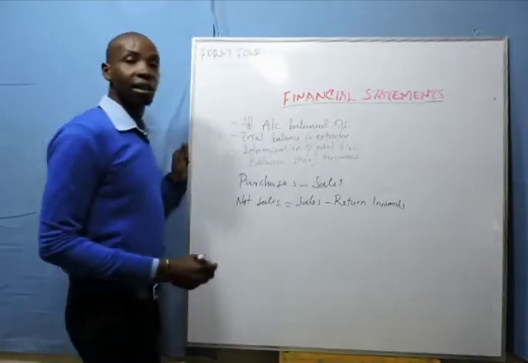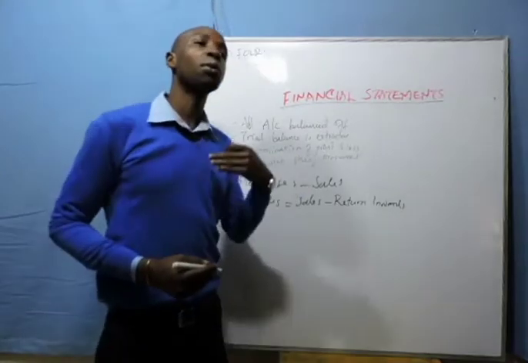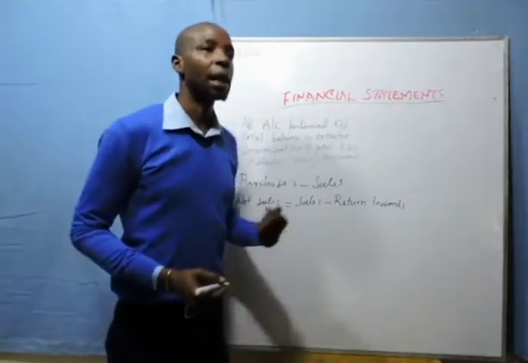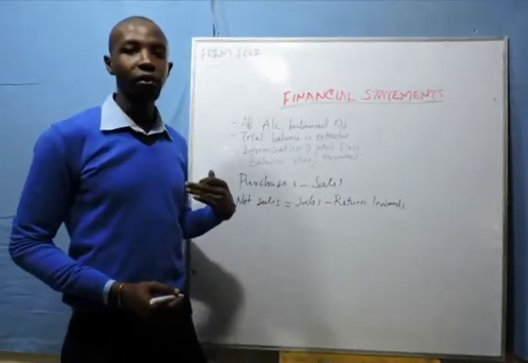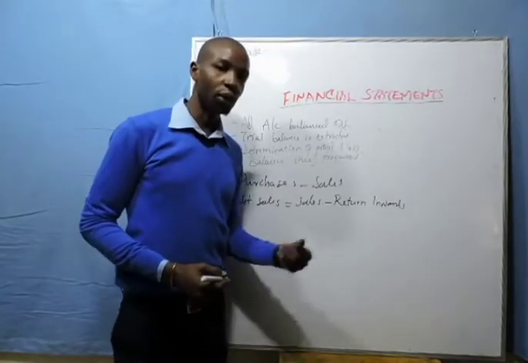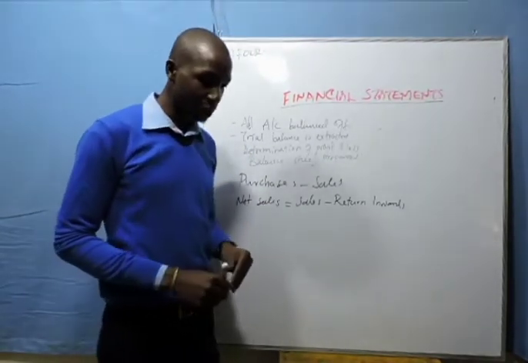What are return inwards? These are goods that you sold to somebody, but there is some part of the goods that they did not want, so they have decided to return them to your business.